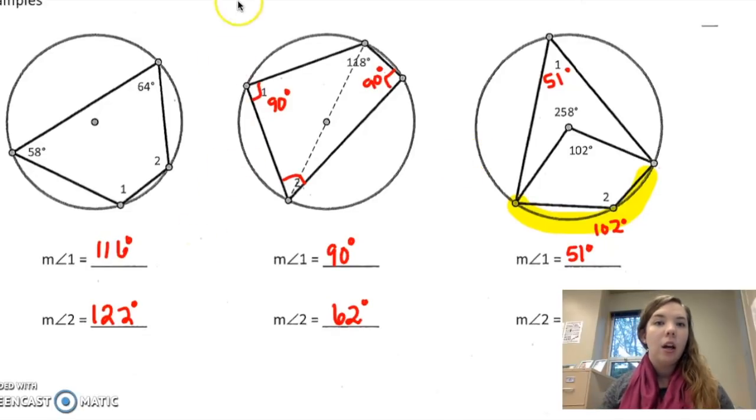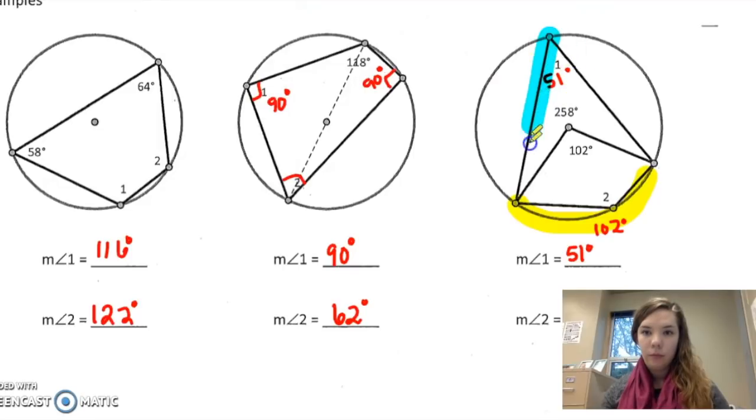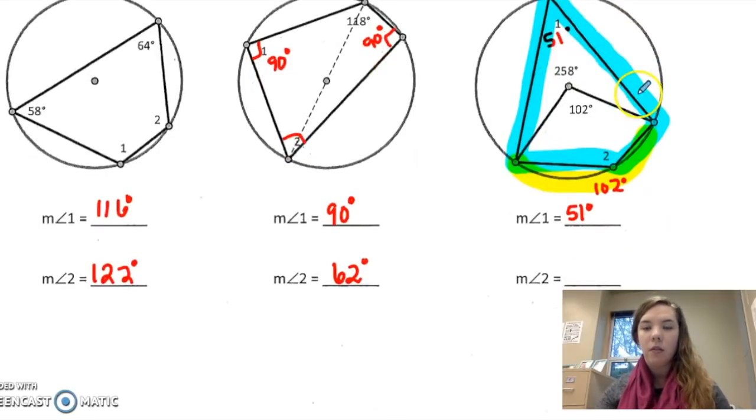Then I also have an inscribed quadrilateral where all 4 points are on the circle, which means these two angles have to add to 180. So 180 minus 51 is 129.